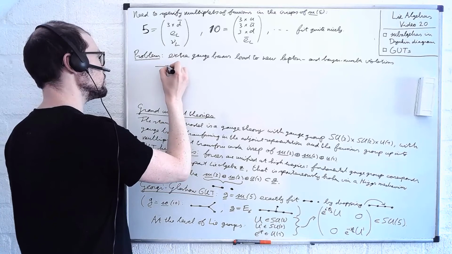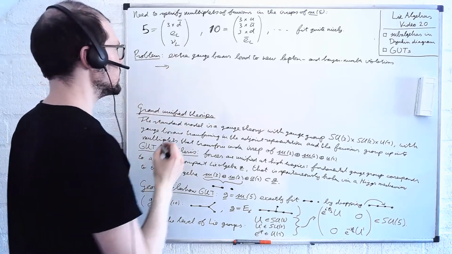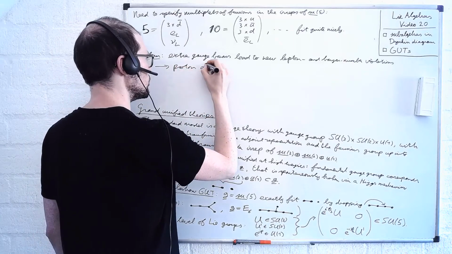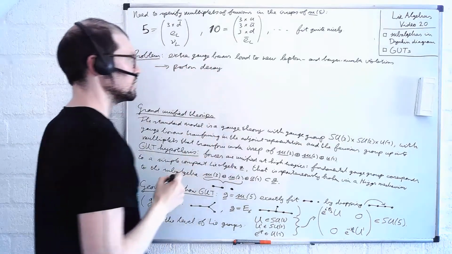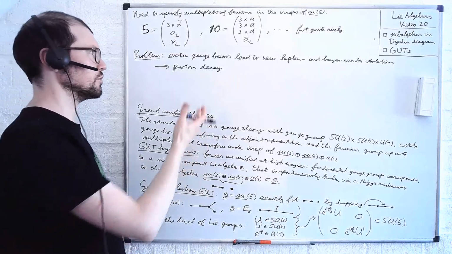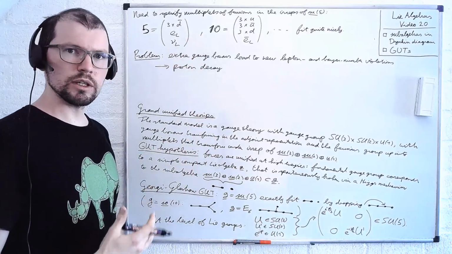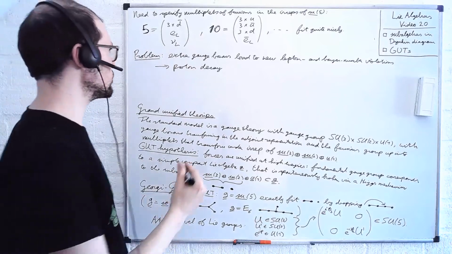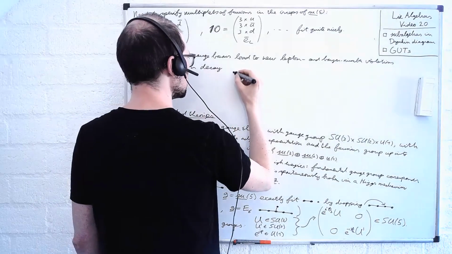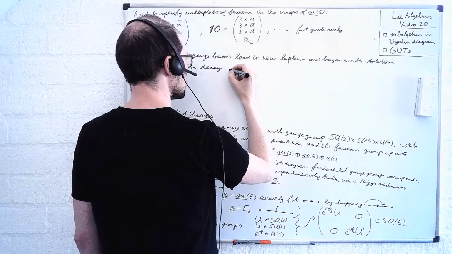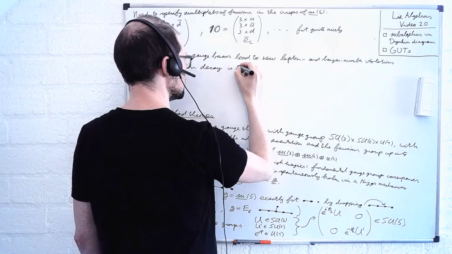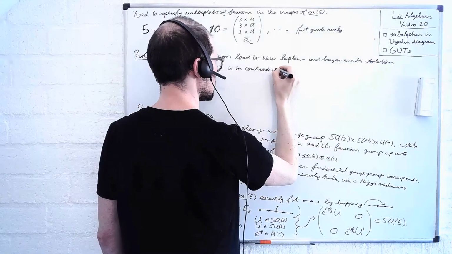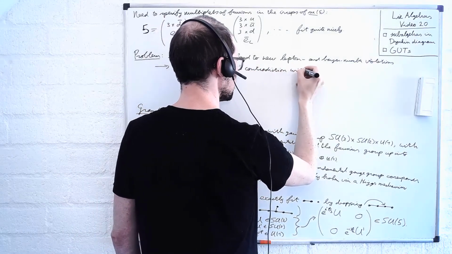And one of the consequences of this is that you can calculate the proton decay rate, which for reasonable values of the coupling in this theory is actually in contradiction with experimental bounds.